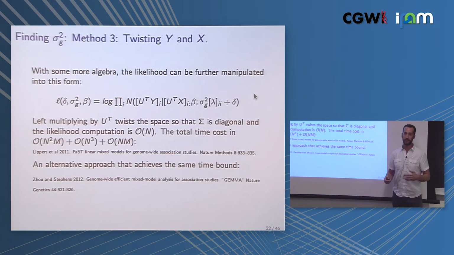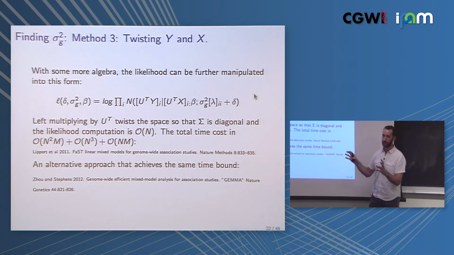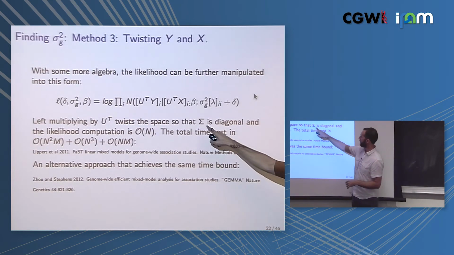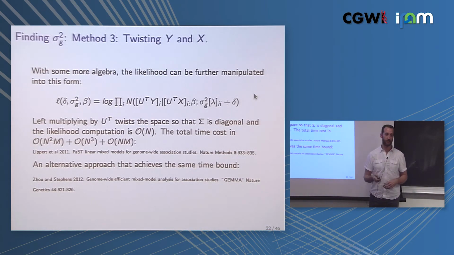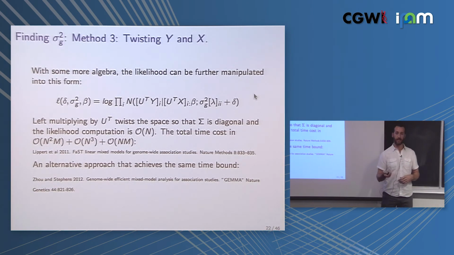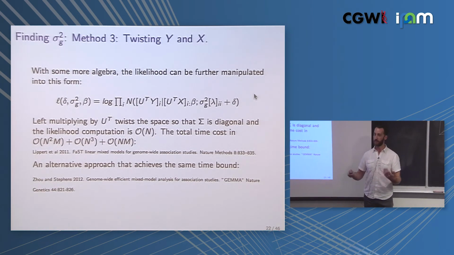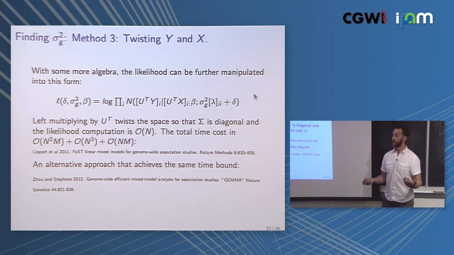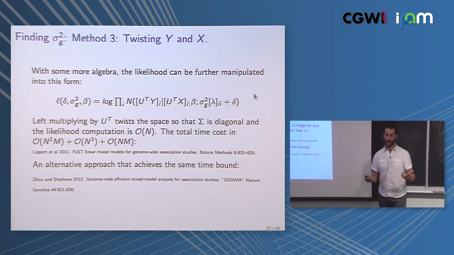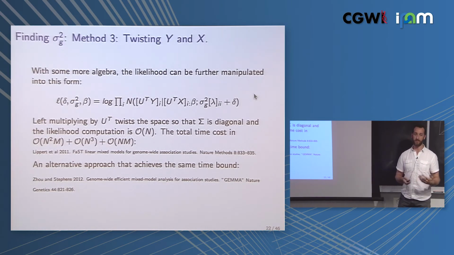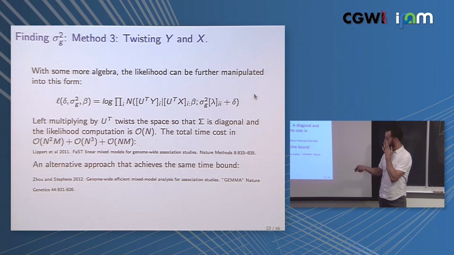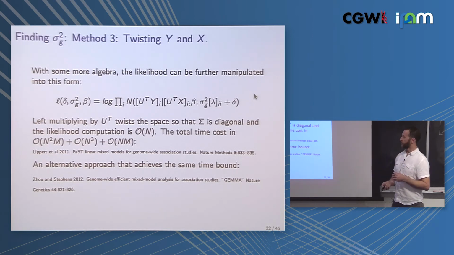And what that does is you get the same likelihood, but the sigma is now diagonal. And so for every choice of sigma g, you just pay a linear time to evaluate the likelihood. So you pay one spectral decomposition for the whole K, and now every time you want to choose sigma g, you can quickly compute the likelihood.